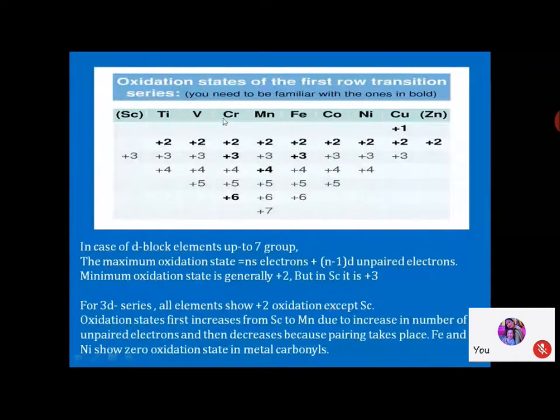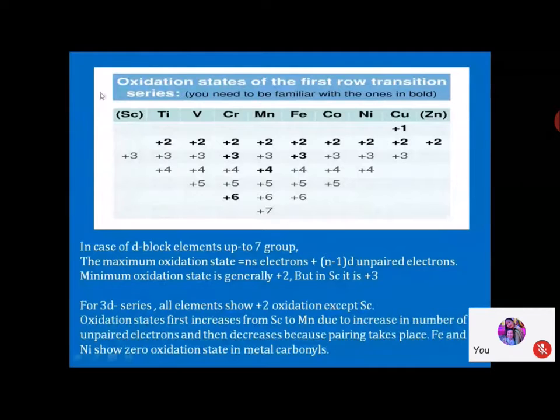Now, the number of oxidation states these elements show increases from scandium to manganese: titanium shows 3, vanadium shows 4, then chromium. Then it decreases again. So manganese shows the maximum oxidation state in the 3d series.